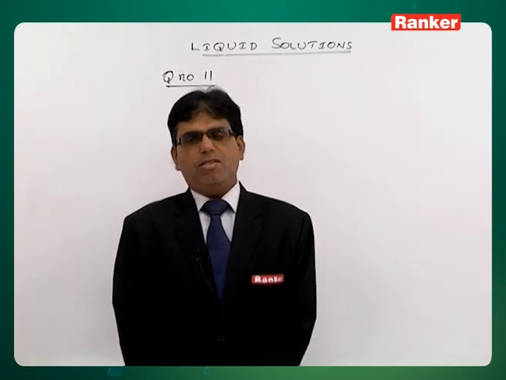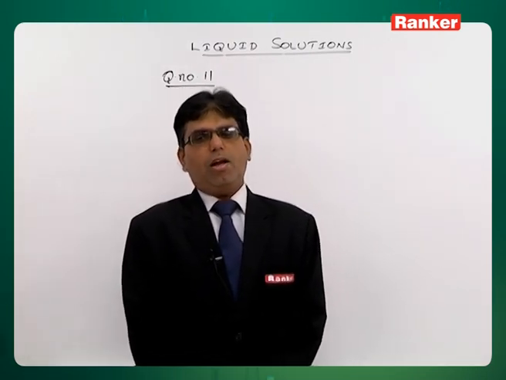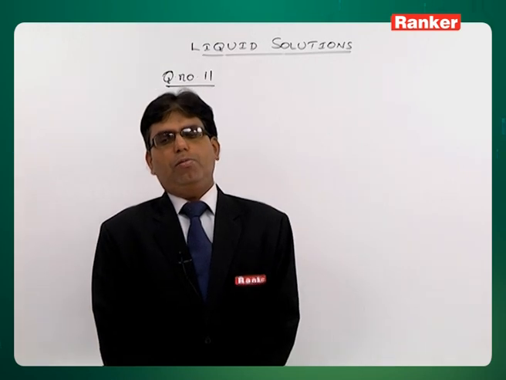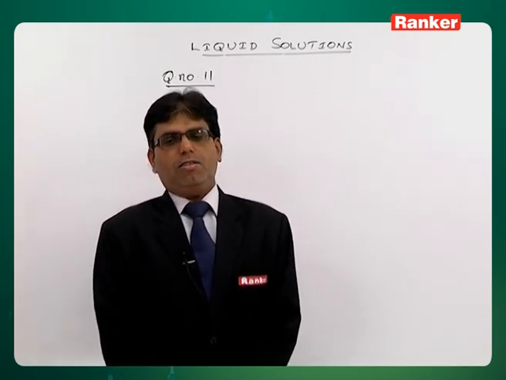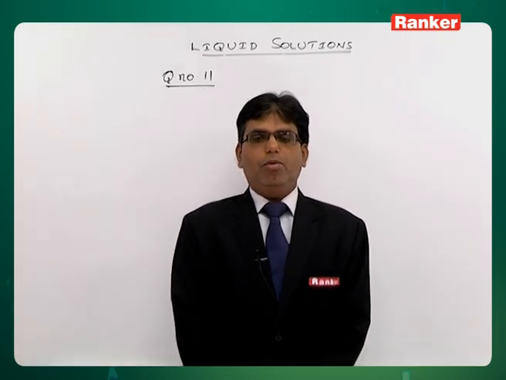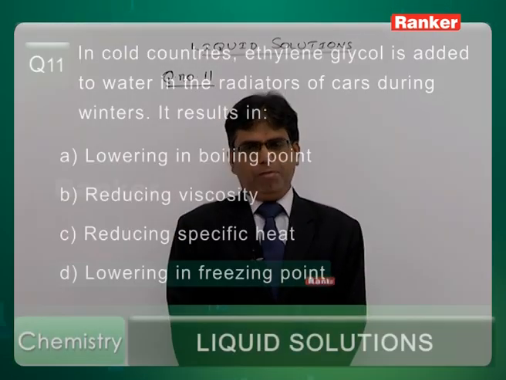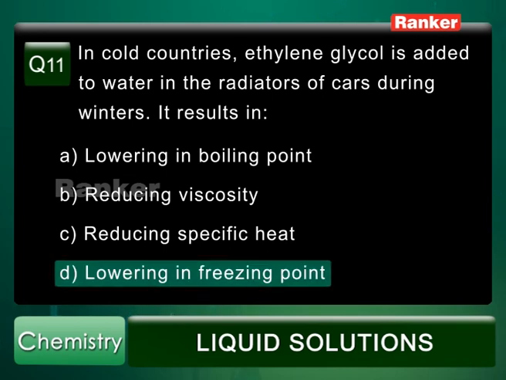So, the reason is that addition of ethylene glycol to water to be used in radiators in cars during winters in cold countries is to lower the freezing point of water. So, the correct answer is option D.